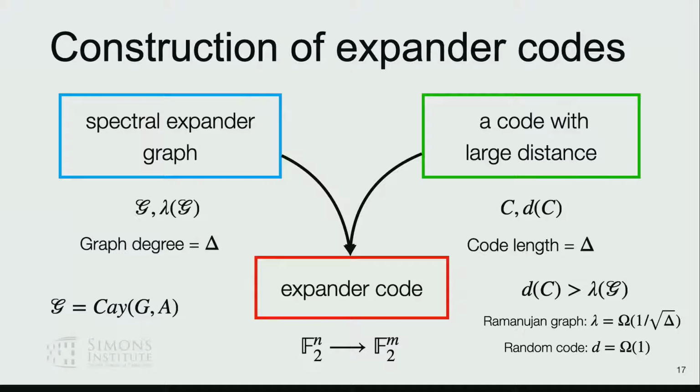Can we achieve this parameter? Yes. You can take a Ramanujan graph where lambda is of order 1 over square root of the degree, and you can take a random code where d is linear in the length, so that's constant after normalization. So that's the construction for expander codes.